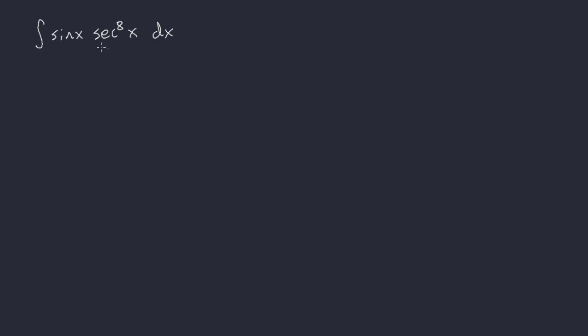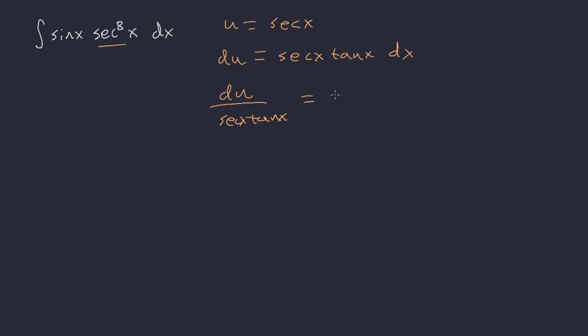So it's right there. I'm going to let u be secant of x, right? Then du, and here's where we'll start to get into some weirdness, du will be secant x tangent x dx. And so if we were to move this back over, we'd get du over secant x tangent x is equal to dx.